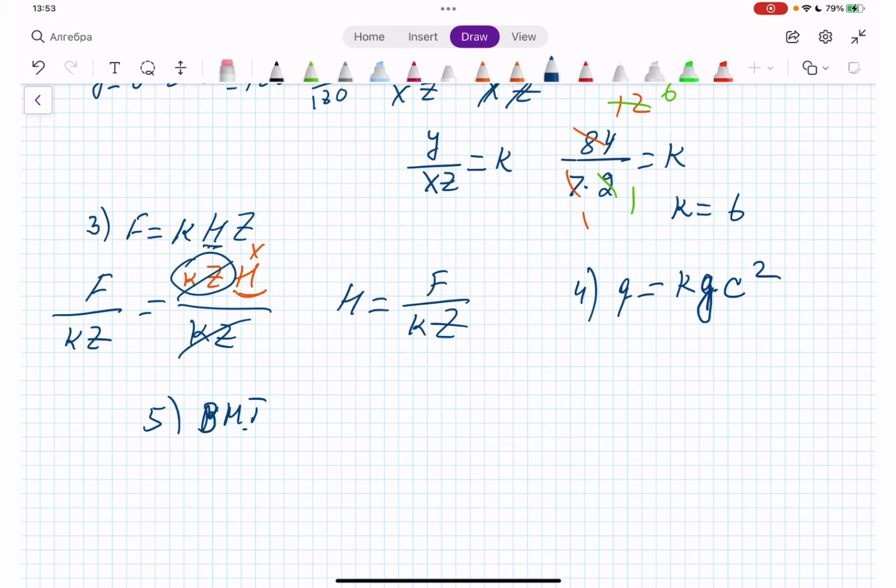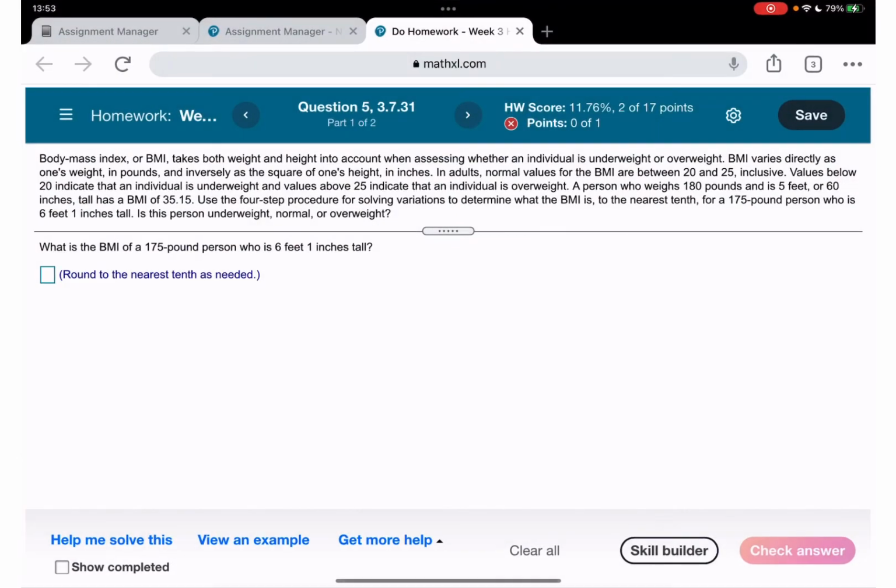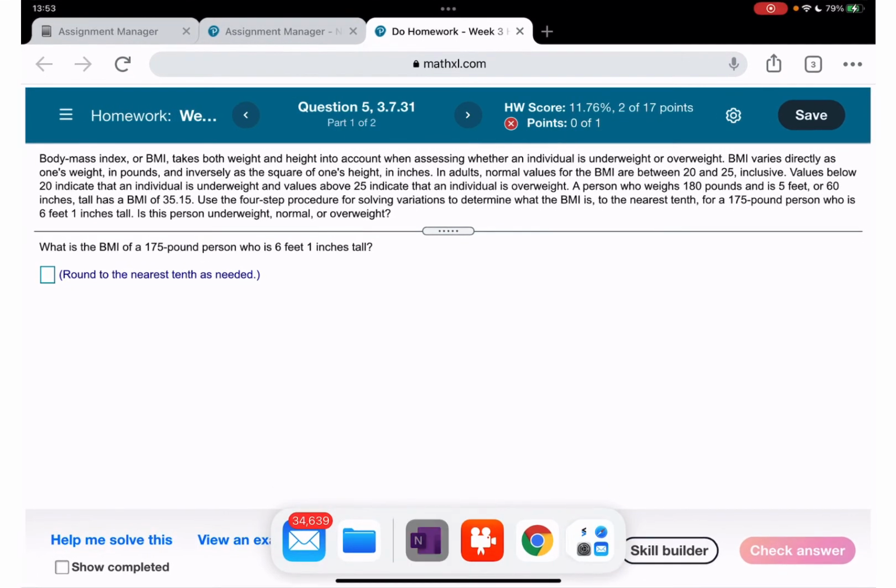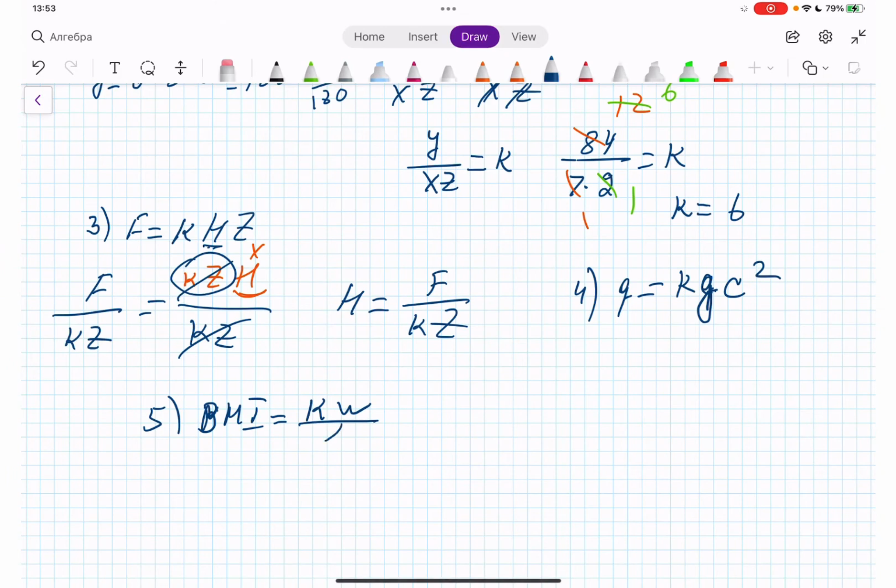BMI varies directly as weight, okay. And inversely as a square of one's height in inches. All right, square of height in inches. All right, we have it.